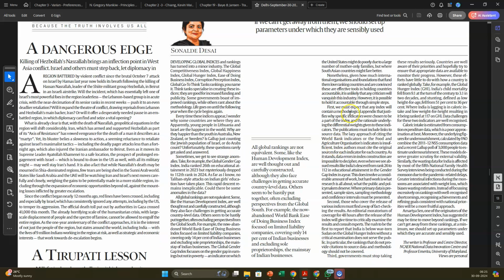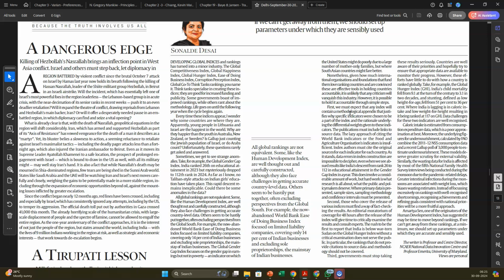So first, there should not be a lazy approach while constructing an index. There should be a particular method toward it. You should specify why certain indicators were chosen, and what the data source is. And it should not say that the data source is just the World Bank or some organization.